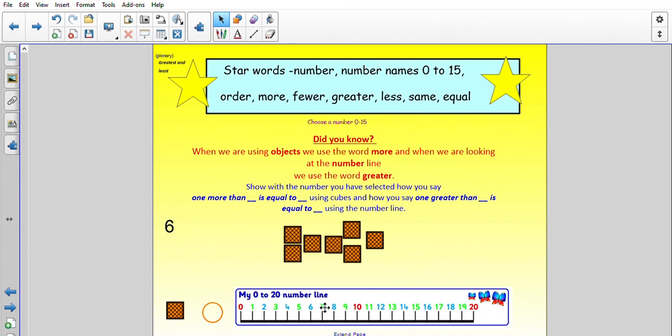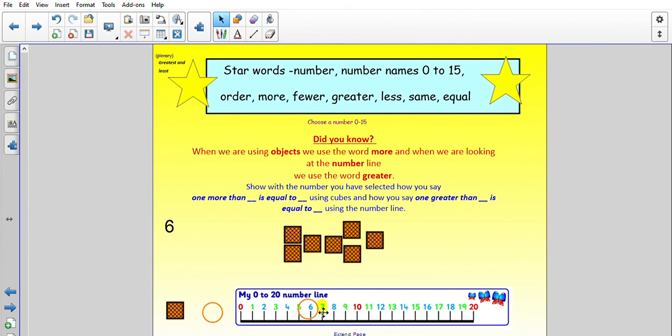Well done. Now when we're using our number line like we were today, we use the word greater. It means the same thing. It's just when we're using our number line, we don't use more, we use greater. So here we go. Let's find my 6 on the number line. There it is. There's my number 6. Now if I'm going to go 1 greater, where am I going to move it to? 1 greater than 6 is 7.